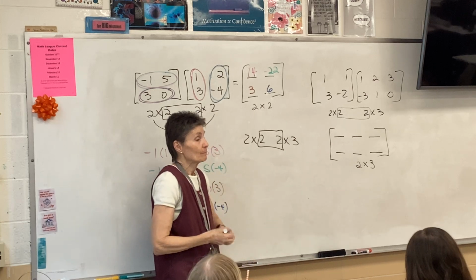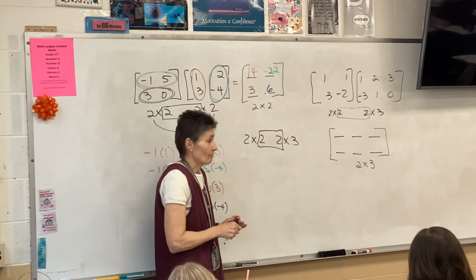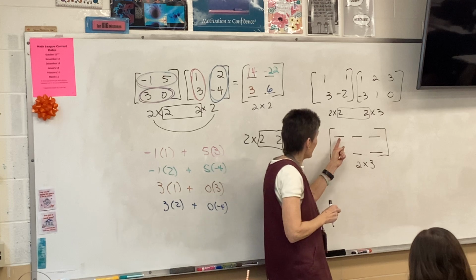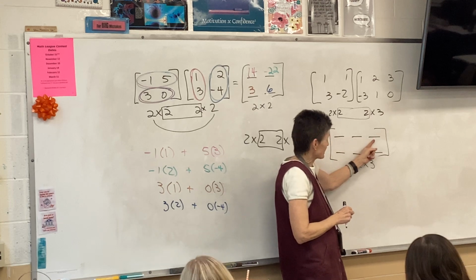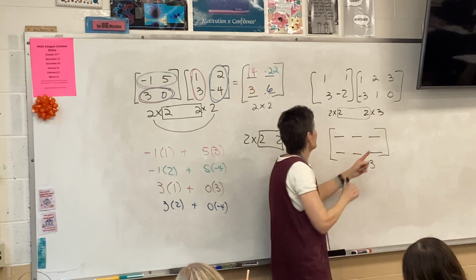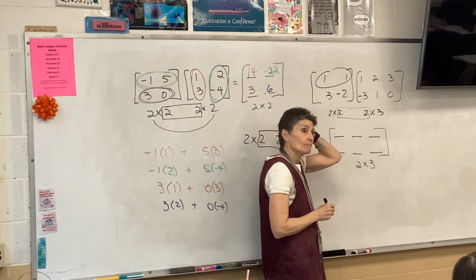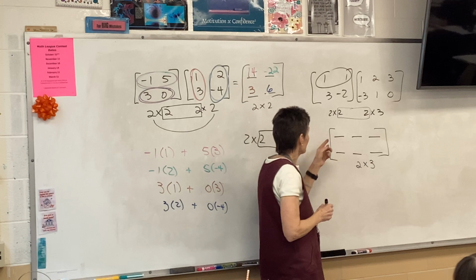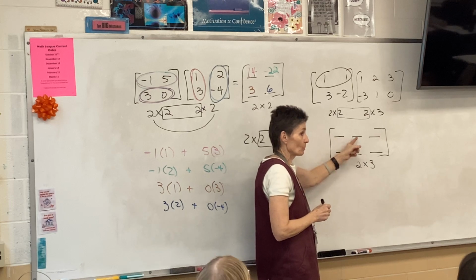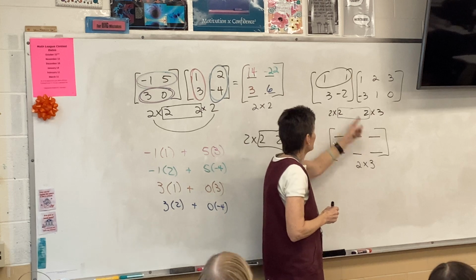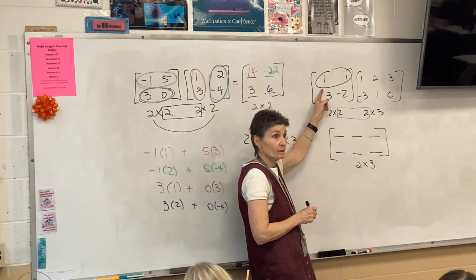All right? Now, would you agree that every number in this top row is going to use these 2 numbers? Think about it. This is row 1, row 1, row 1. So all 3 of these are going to be using this one.